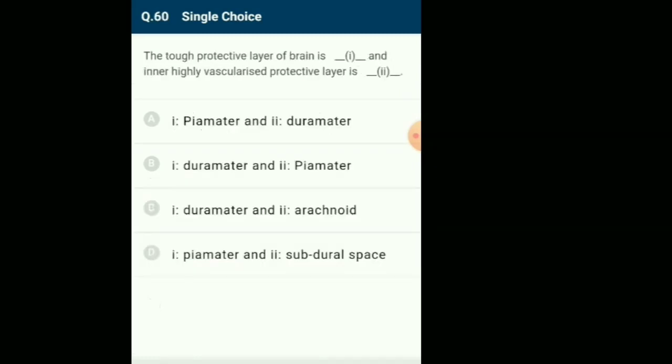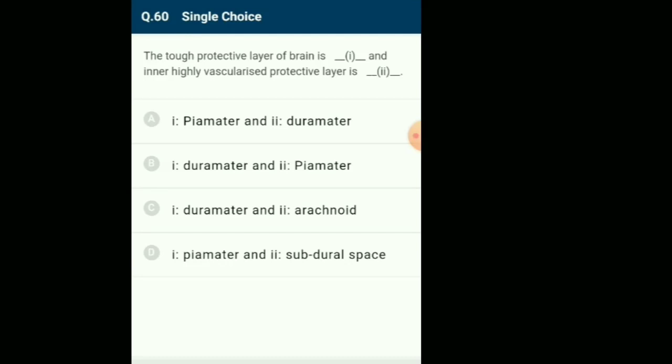Question number 60. The tough protective layer of the brain is dash and the inner highly vascularized protective layer is dash. The dura mater is the outermost layer lying directly underneath the bones of the skull. It is thick, tough, and inextensible. The arachnoid mater is the middle layer of the meninges lying directly underneath the dura mater.